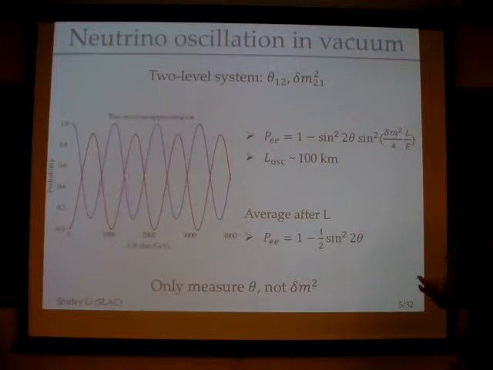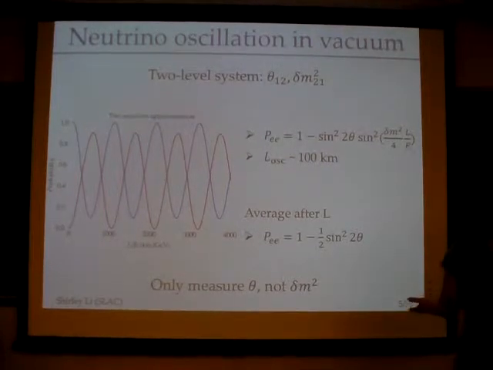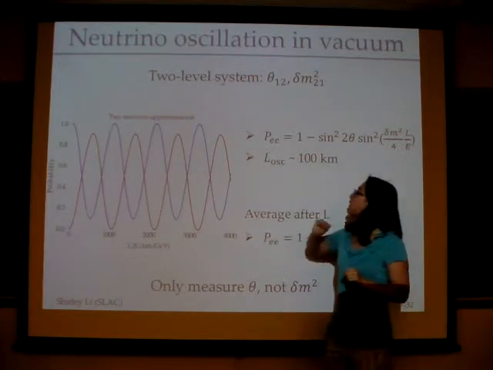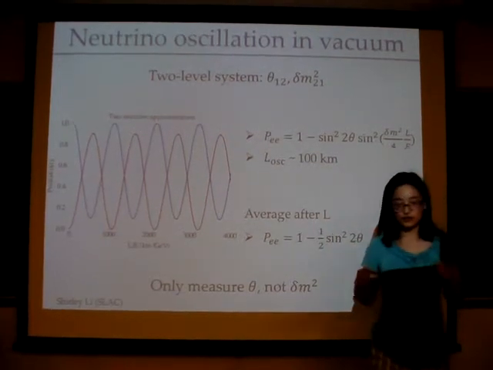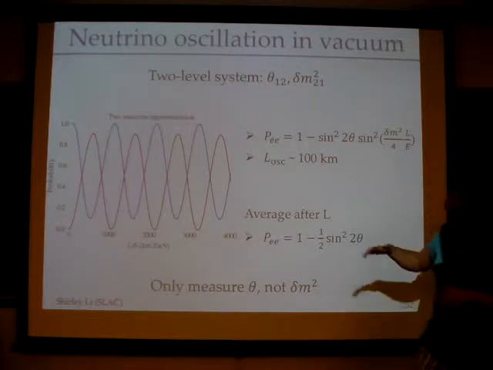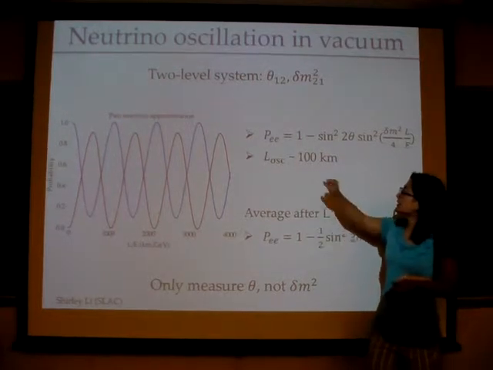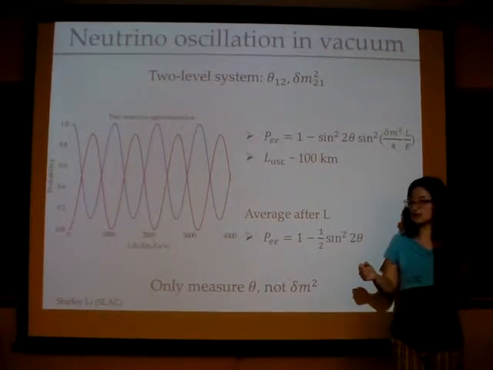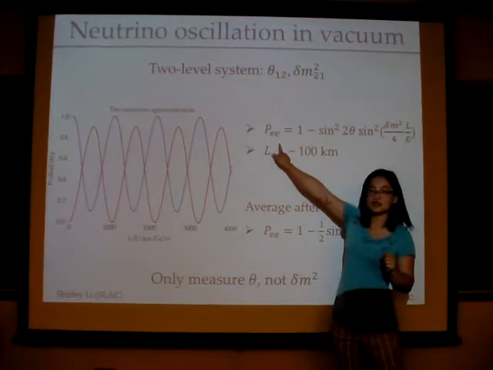And if you just solve a standard first-year quantum mechanics system of 2 levels, this is what you will get. So in the sun, the neutrino oscillation is expressed in terms of the survival probability, meaning the probability that a neutrino produced as nu e, which is 100% of the time, is still detected as nu e.